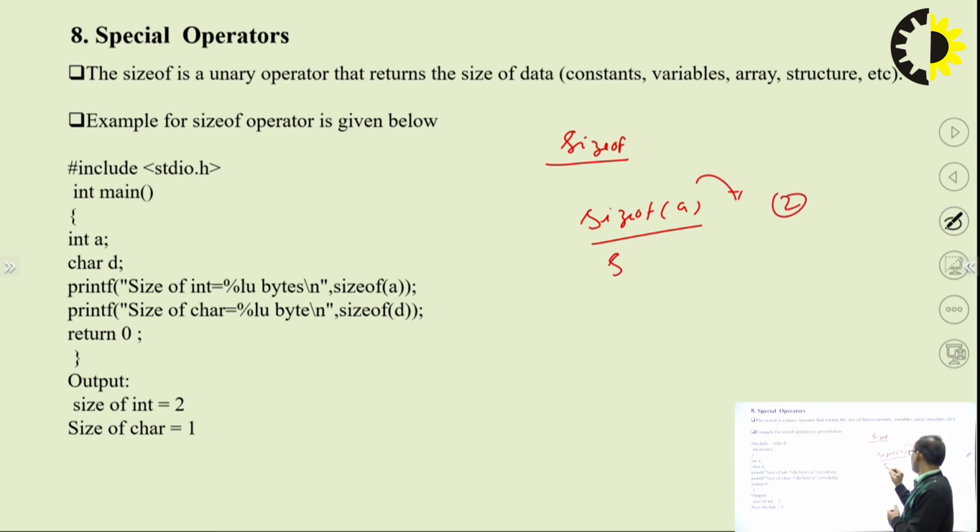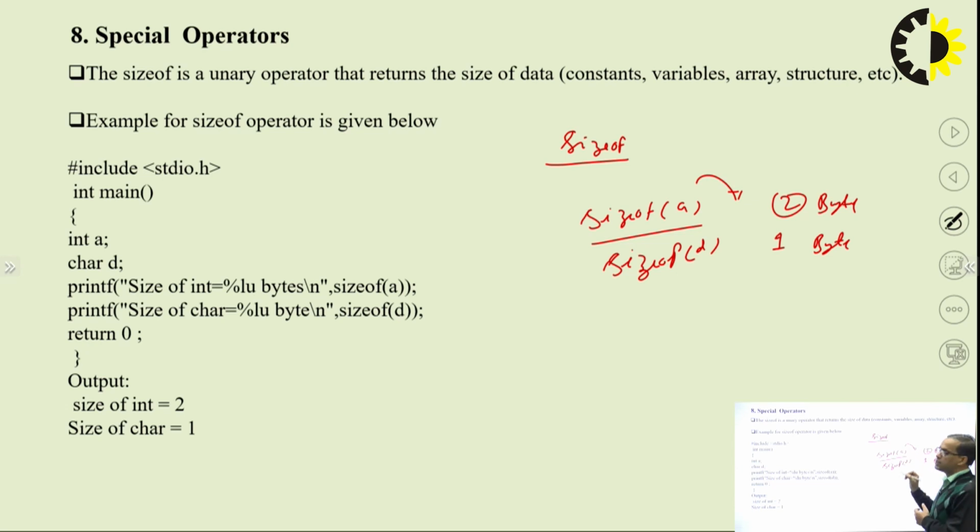When we apply it on d, since d is of character type, it will return the size of a character, which is 1 byte. This will be 2 bytes and this will be 1 byte.